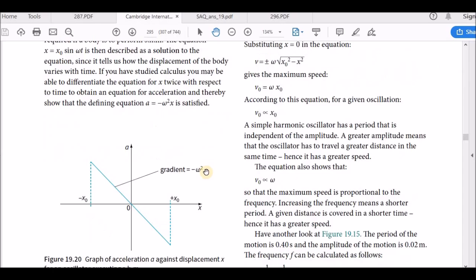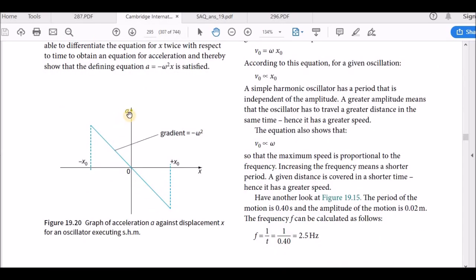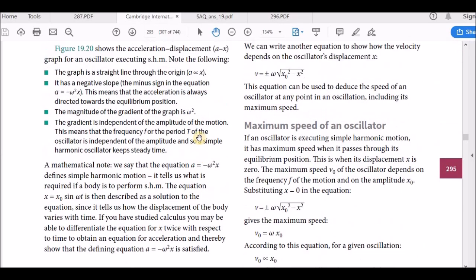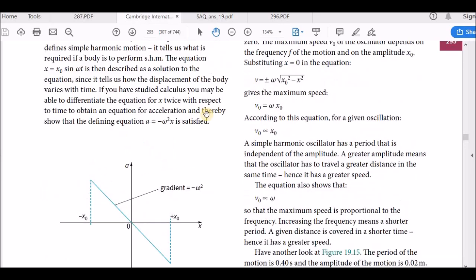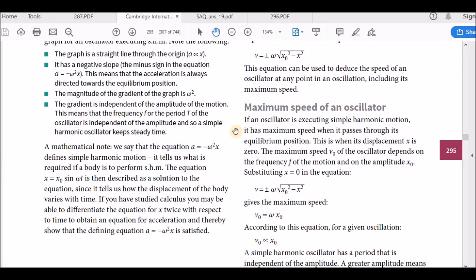If you plot a graph of A versus x, the gradient will be minus omega squared. This means that the acceleration is always directed towards the equilibrium position. So we don't consider the sign when we say the magnitude.